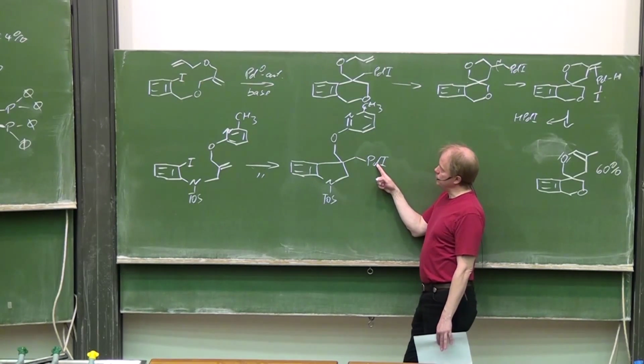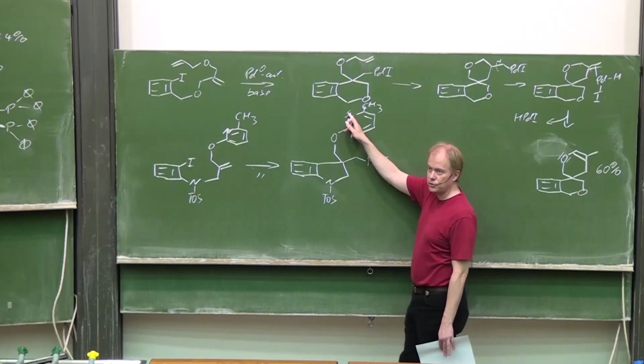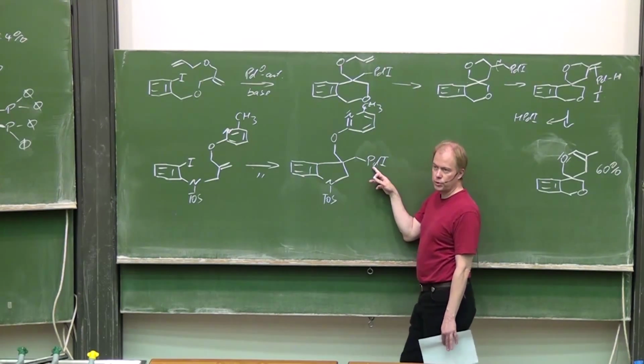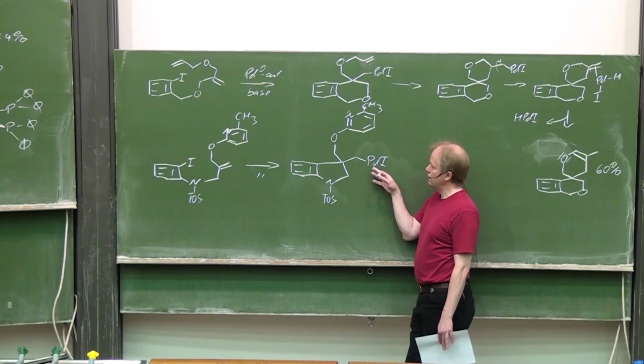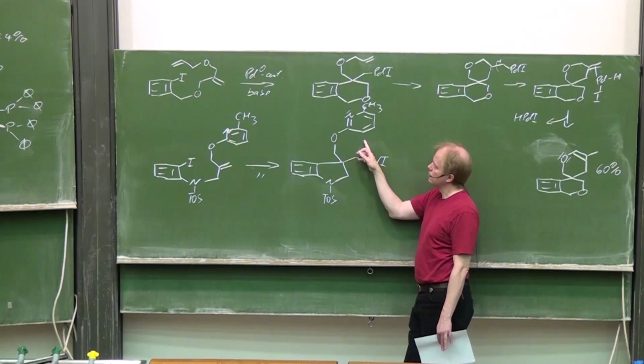This is certainly an intermediate, and certainly a free electron pair of a nitrogen will sometimes coordinate to the palladium, stabilizing that structure. However, the palladium is sitting there and waiting for an opportunity for completing the catalytic cycle, and it has the opportunity to attack as an electrophile this CH bond.